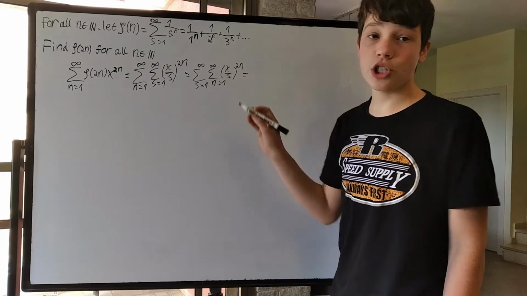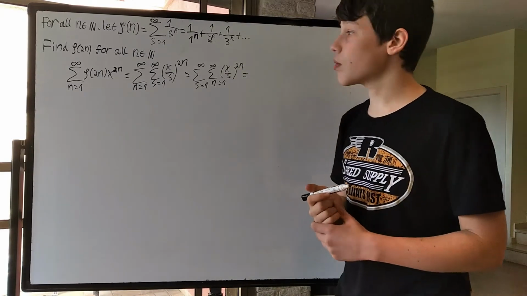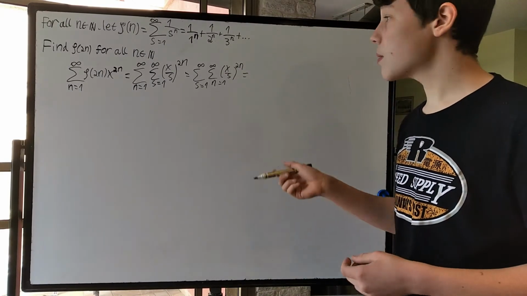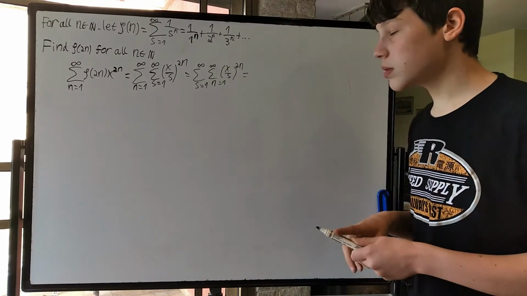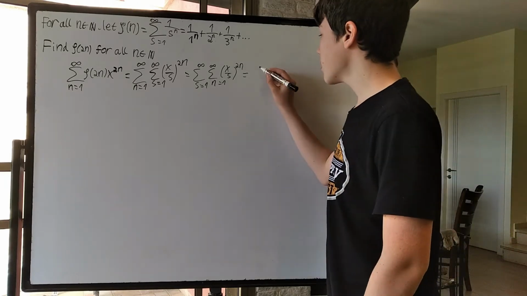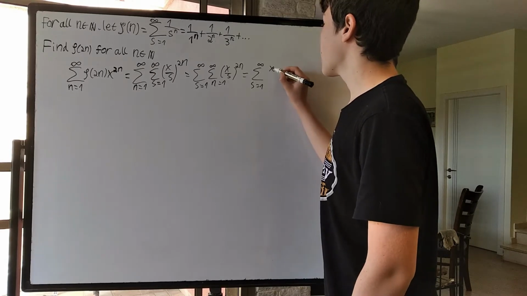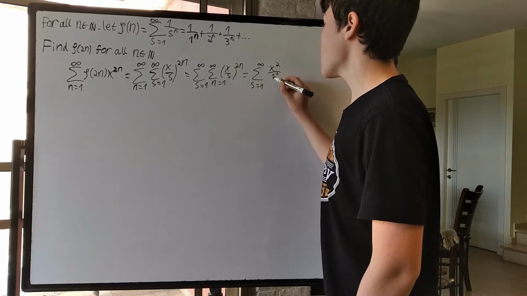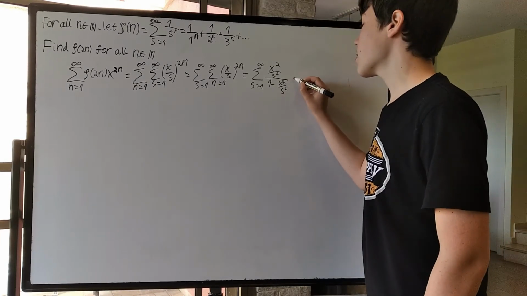But now this is a geometric series where the first term is x squared over s squared, and the r, the number we're multiplying by each time, is also x squared over s squared. So this is the sum as s goes from 1 to infinity of x squared over s squared over 1 minus x squared over s squared.